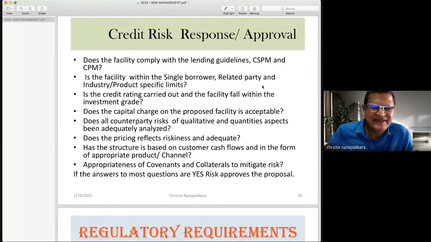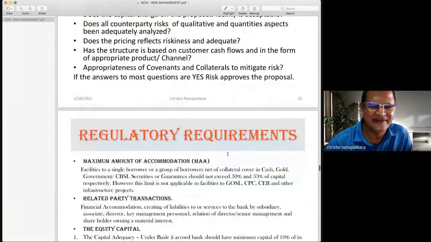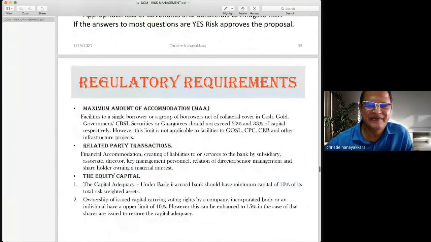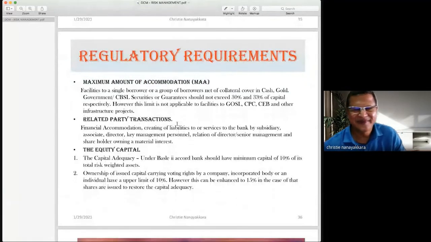Single borrower limit is a limit stated by the Central Bank of Sri Lanka, and generally we call this the maximum amount of accommodation, or MAA. In our own language we say single borrower limit. That means the maximum amount a single customer can borrow from a bank.